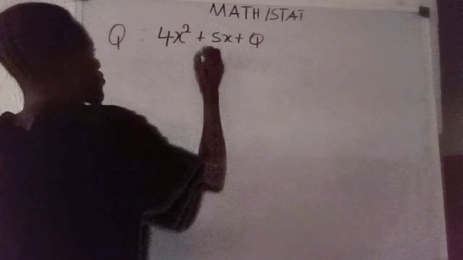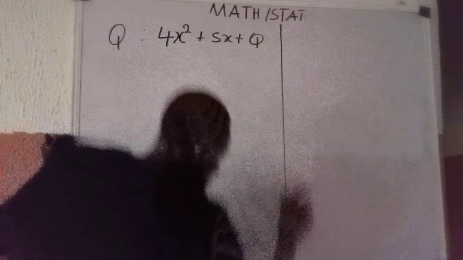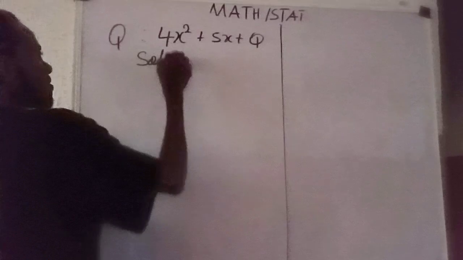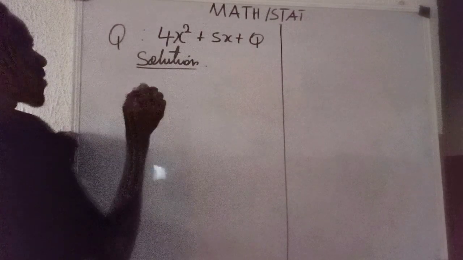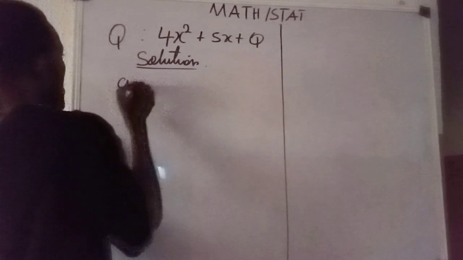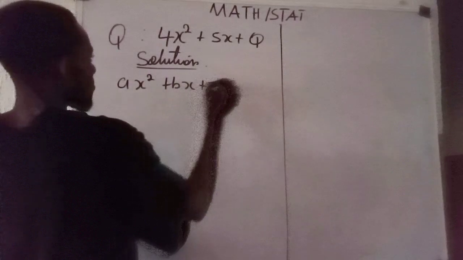As a way of solving this problem, permit me to divide this board this way. The general quadratic expression is given as ax raised to power 2 plus bx plus c.